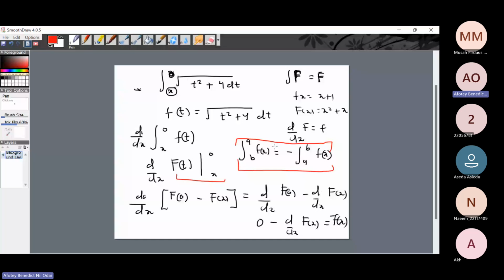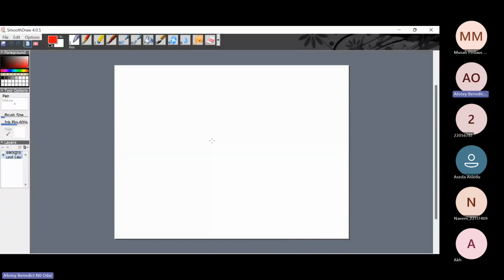Now let's take a look at one example that is in the exercises that was sent by the lecturer. If you are new here, the lecturer sent some exercises, so we are going through them step by step.